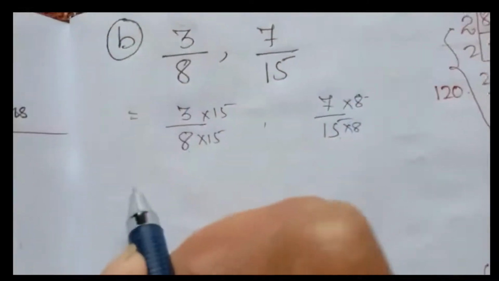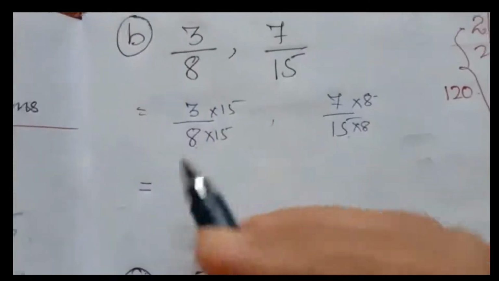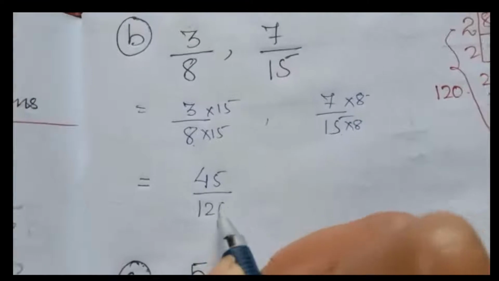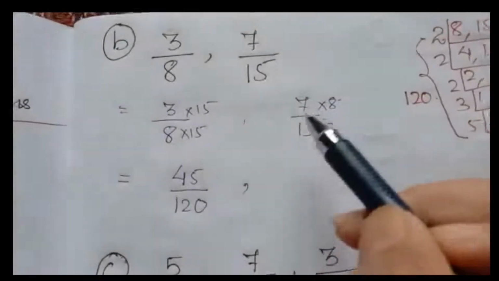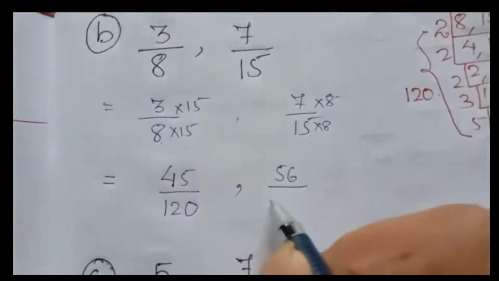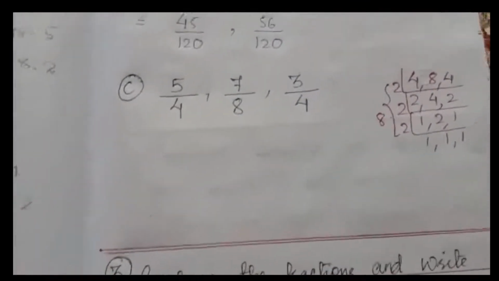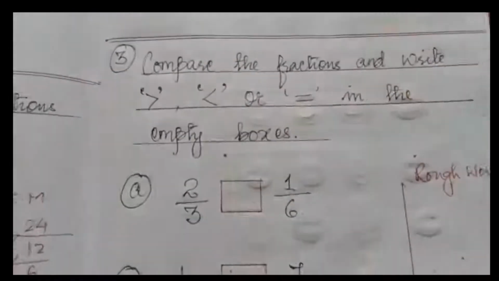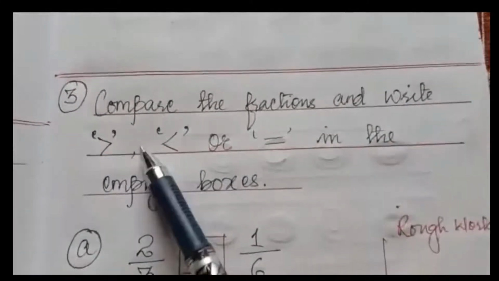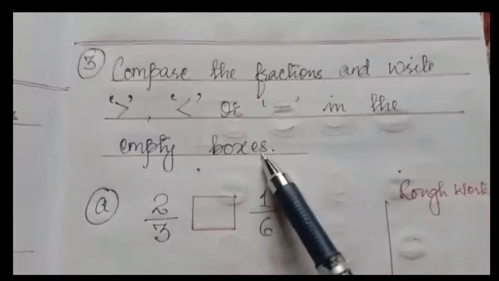Now 3 15s are 45, 8 15s are 120, comma 7 8s are 56 divided by 120. Now question number C, you solve yourself. Now question number 3. Compare the fractions and write this symbol in the empty boxes.